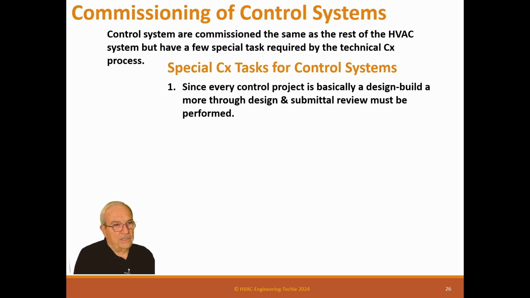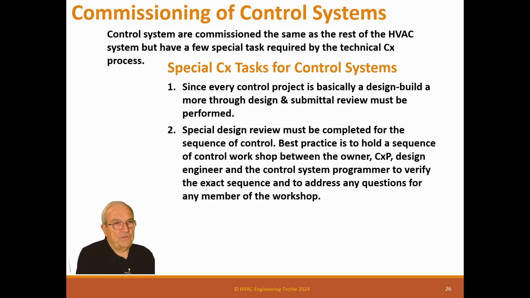Now we're going to list what tolerances we need for temperature and pressure and what we want it to do, but the control manufacturer and contractor are responsible for providing a system that delivers that. So you need to actually do a design review of the controls and make sure it meets the design specification because it is actually a design build.